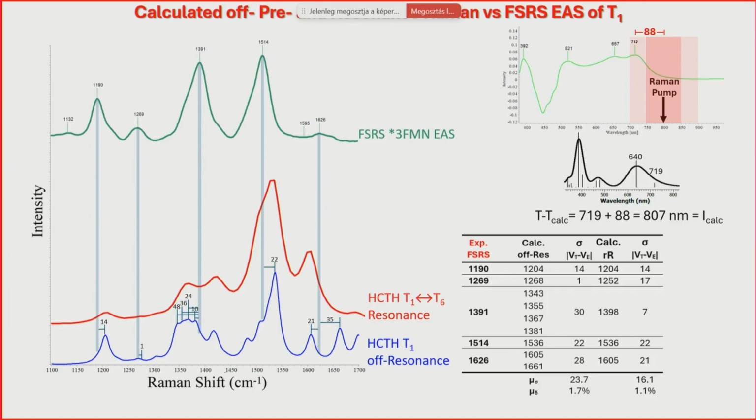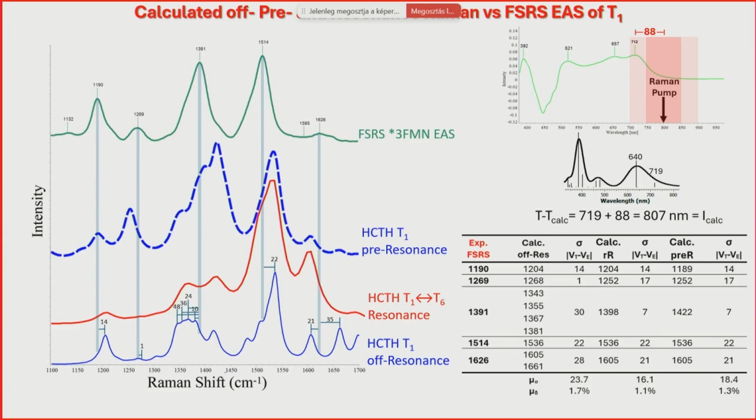And from the computed triplet-triplet transitions, let's say we pick the one at 719, we have to add this difference, and it gives us the incident light wavelength. Of course, if we picked a different transition, then we would add that part to that and get a new incident light.